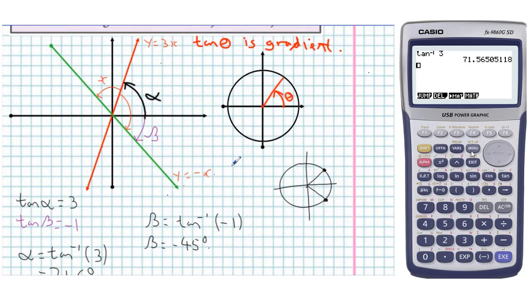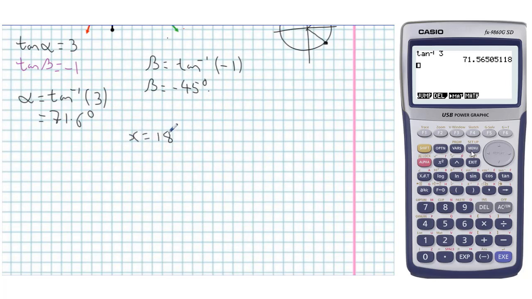So looking at this diagram, you can see you've got angles on a straight line. All of this adds up to 180. So x is going to be 180 take away 45 plus 71.6.